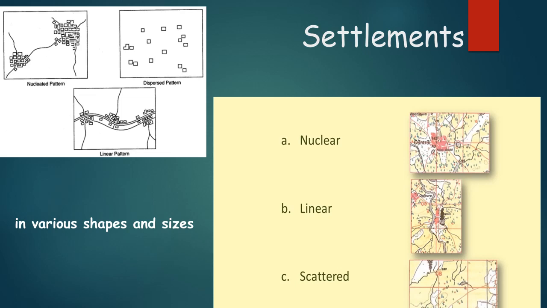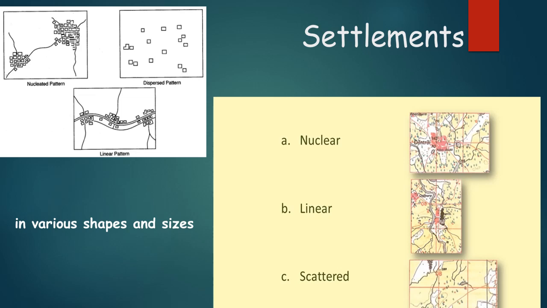Settlements are groups of houses, usually in villages or towns, where people live. The size of settlements depends on the availability of roads, railways, hospitals, police stations, administrative buildings, rest houses, and so many things.